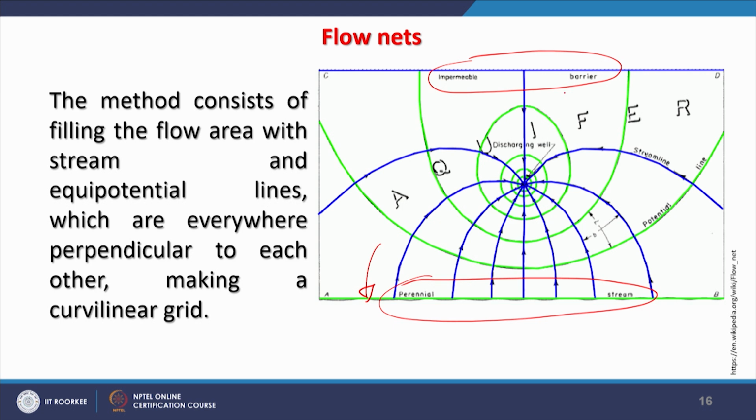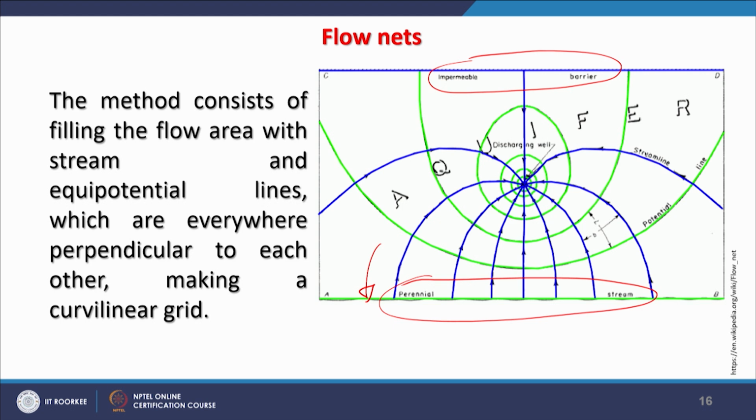So, these serve as barriers, and therefore, indirectly or directly, they control the shape of your flow nets. So, these barriers are important. If we do not consider these barriers, then our estimations about the groundwater conditions will not be very accurate.